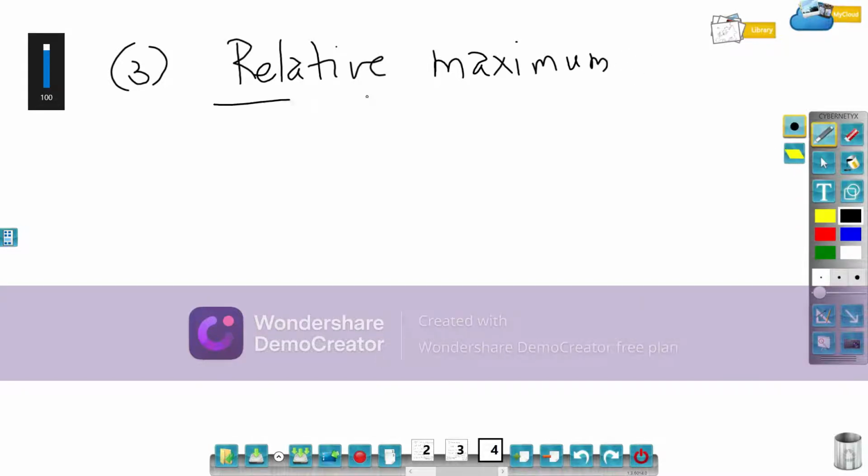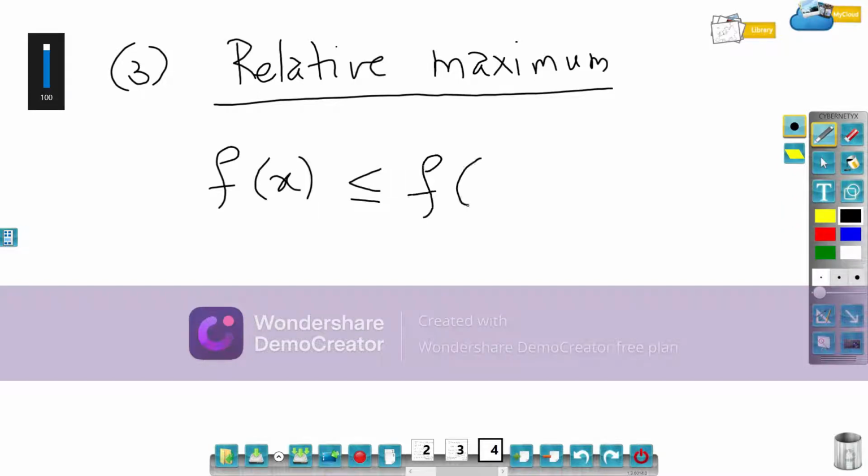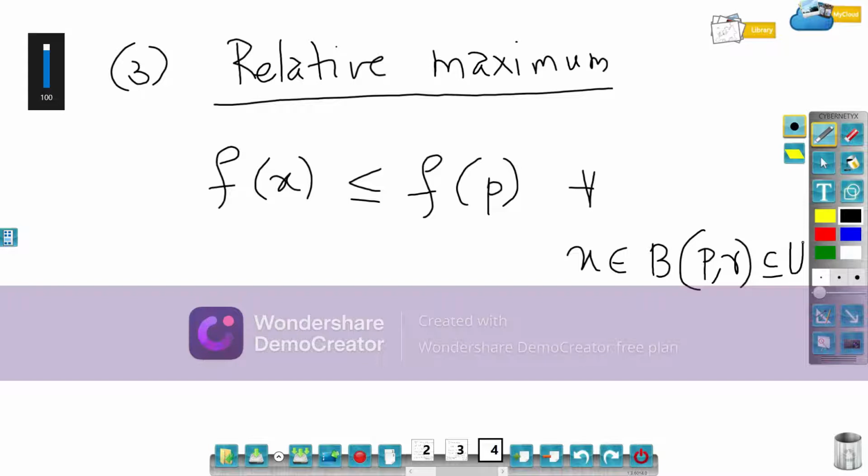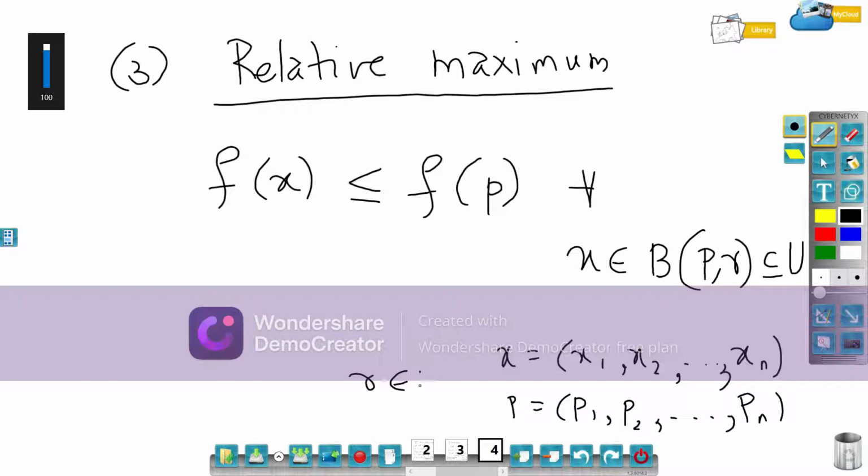For relative maximum, your f of x should be always less than or equal to f of p for all x belonging to a ball around p with radius r which is fully contained in U. What is x in this case? x is x1, x2, ..., xn, p is p1, p2, ..., pn, and r is a real number.